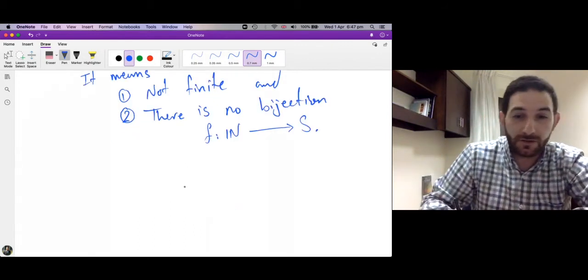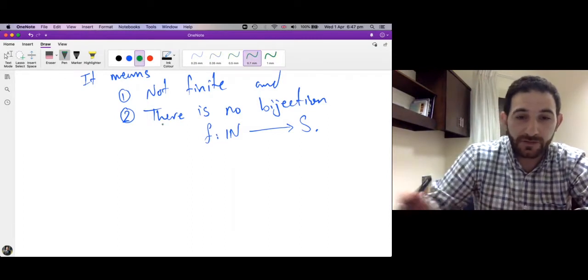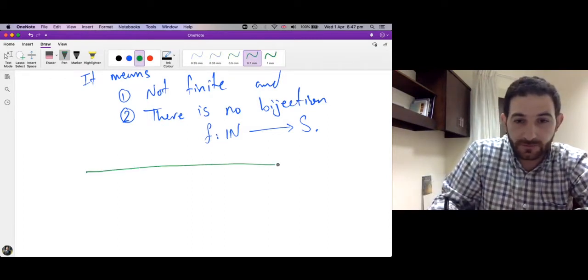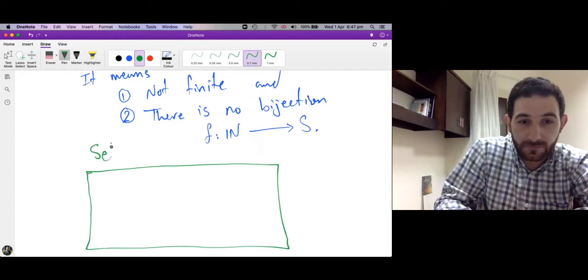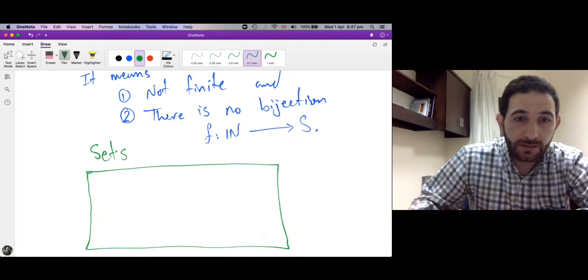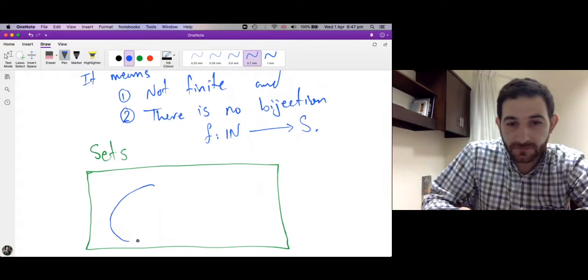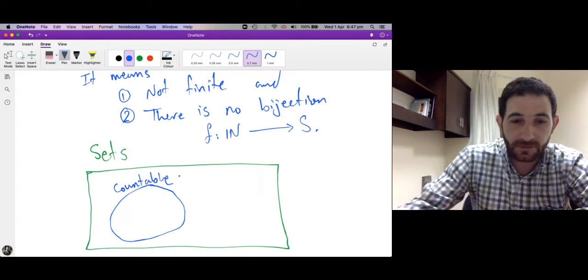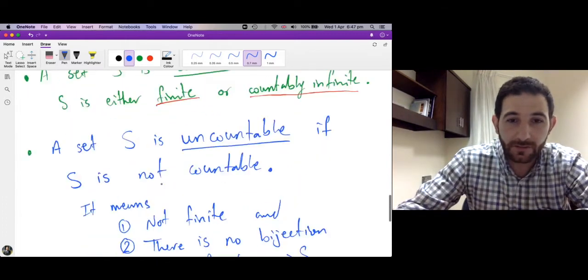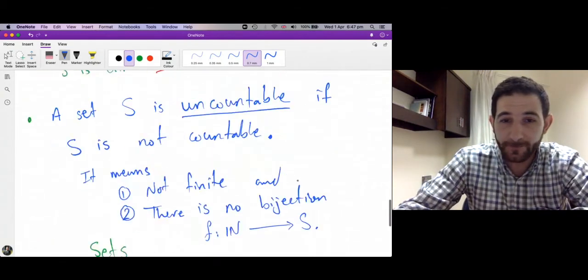Okay, so let me draw a picture of what we saw so far. Suppose this is the world of all sets. Then we have a collection of those sets which are called the countable sets. What is a countable set? A set is countable either if it's finite or countably infinite.